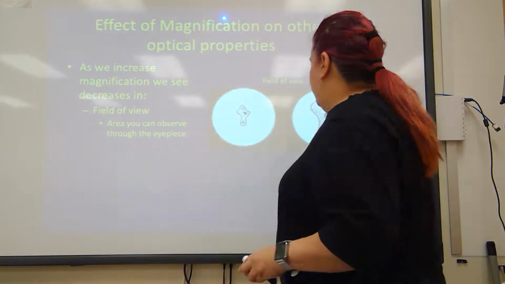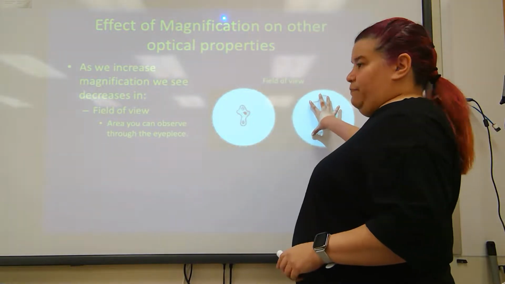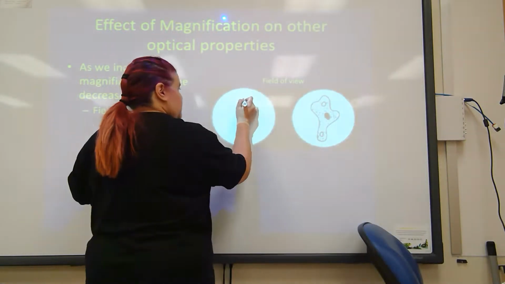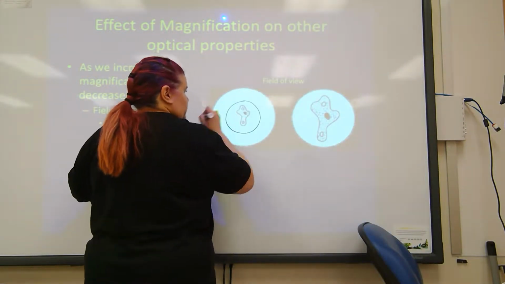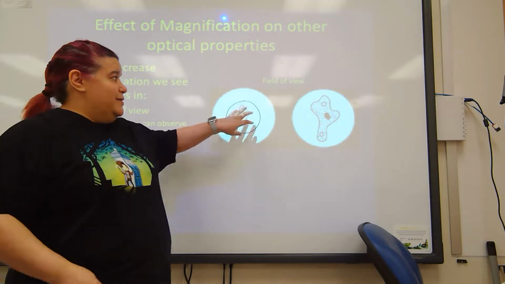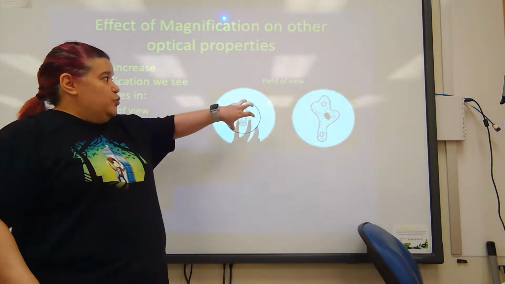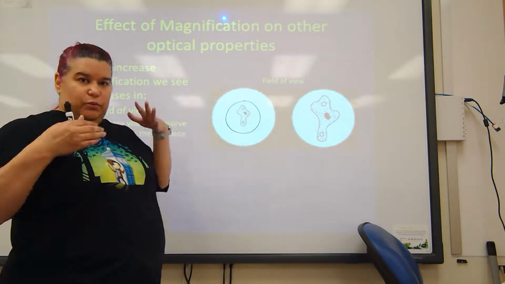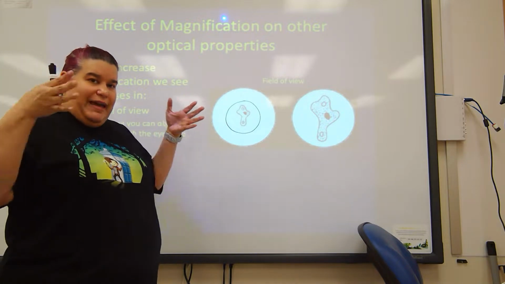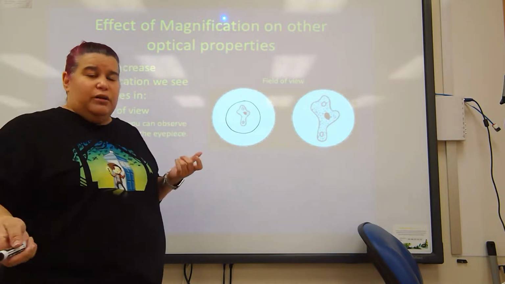So if I were to outline where this is relative to this, it would be smaller. And it would be smaller because I'm zooming in to the object that I'm looking at. So the amount of space gets smaller.